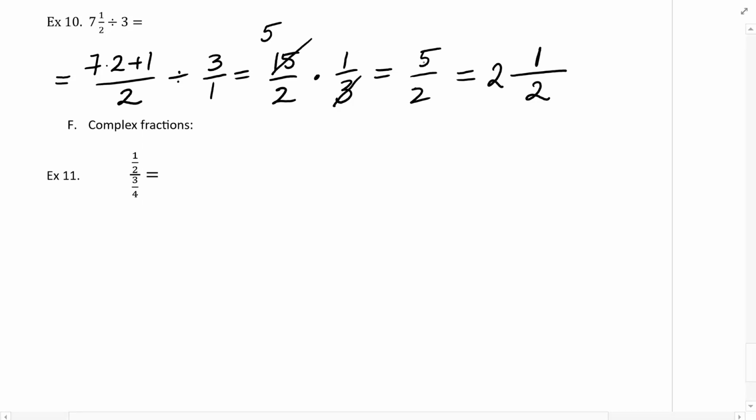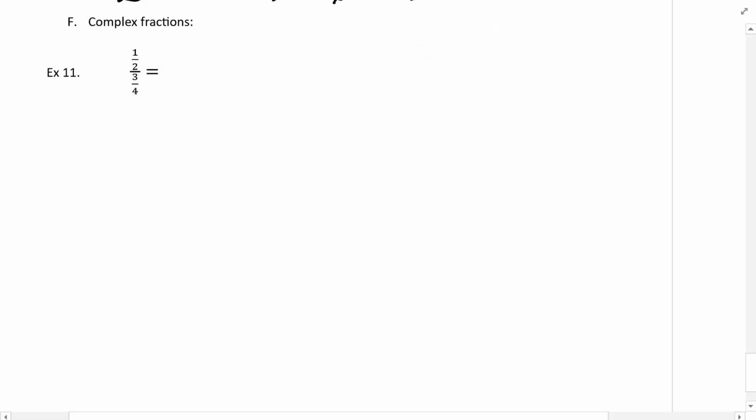And complex fractions, it's another concept where we have a fraction, but then at the numerator we have another fraction, and at the denominator we have another fraction. So we have fractions over fractions. How do we deal with this? Well, this means division, so we can write it as 1/2 divided by 3/4, and right away, by changing it like that, we made it a simple division problem, right?